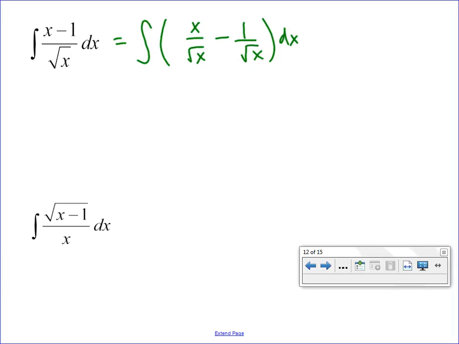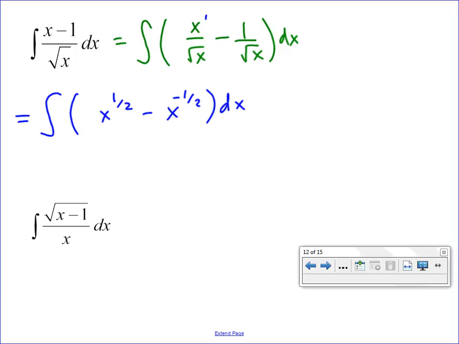with respect to x, which in turn becomes 2 power rules. This is the integral of x to the first over x to the 1/2, minus 1 over square root of x, which is x to the negative 1/2. So I can simply go term by term and apply my power rule.